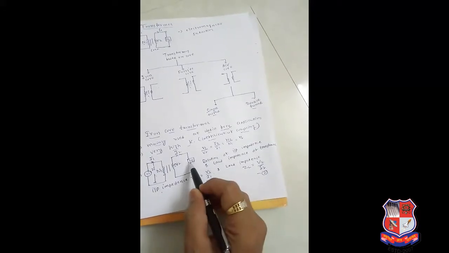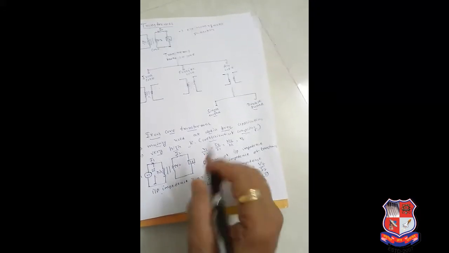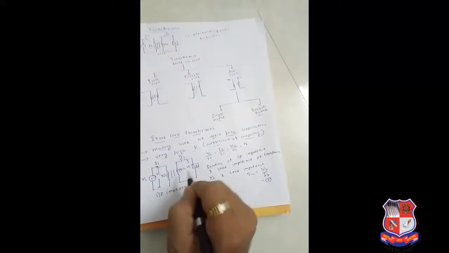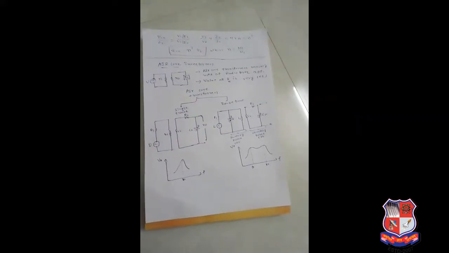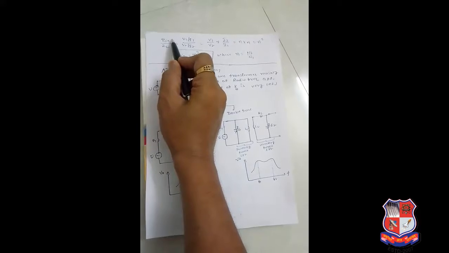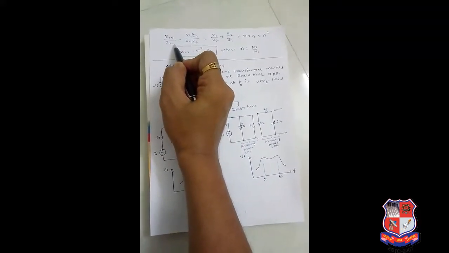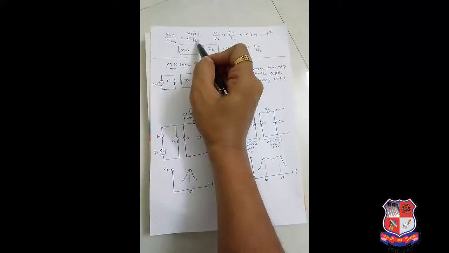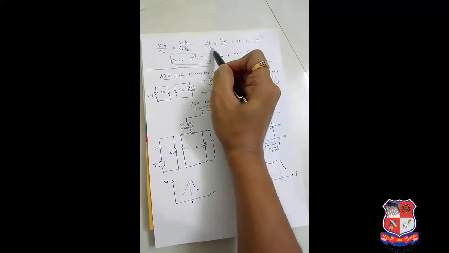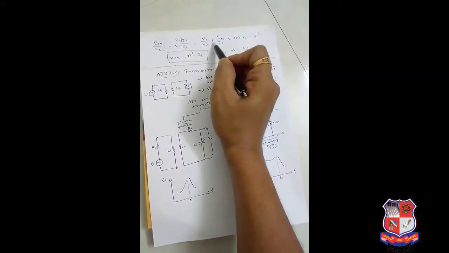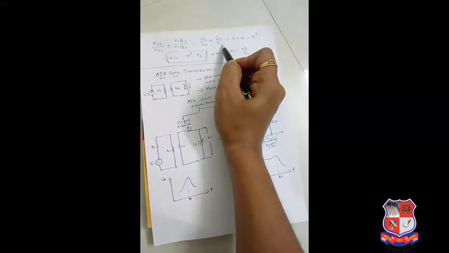Load impedance is given by ZL = V2 by I2. Now let's take the ratio of the input impedance to the load impedance, that is V1 by I1 to V2 by I2. So V1 by V2 multiplied by I2 by I1.